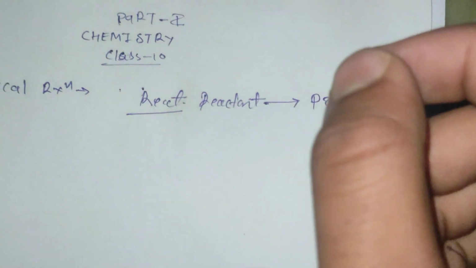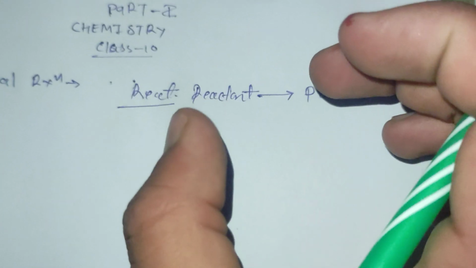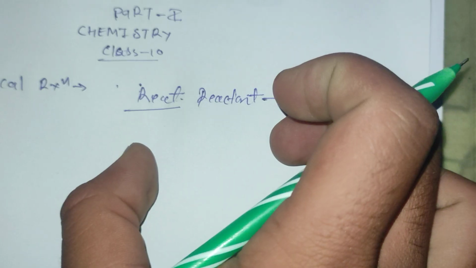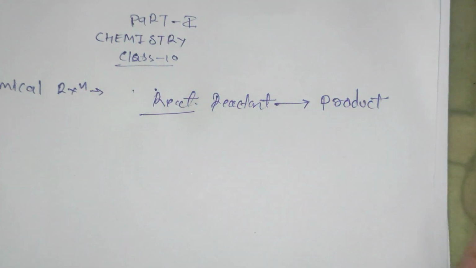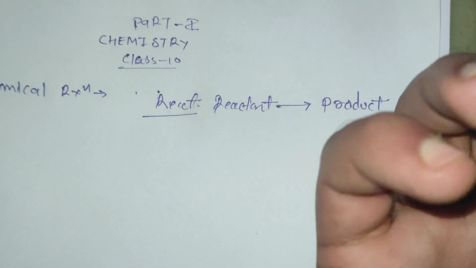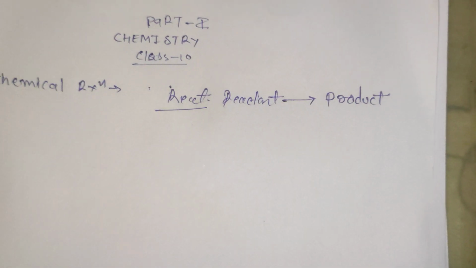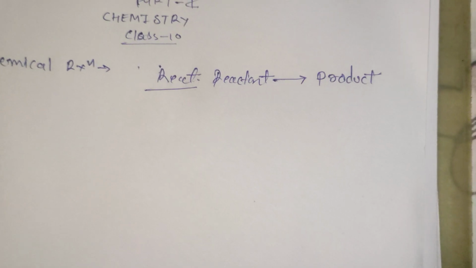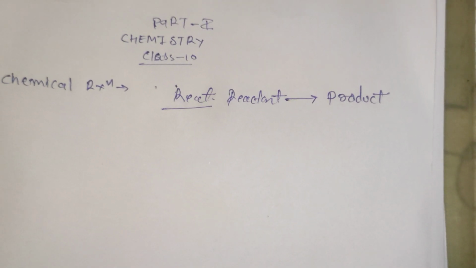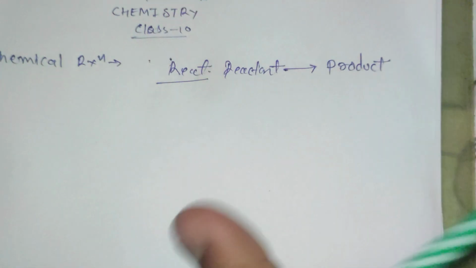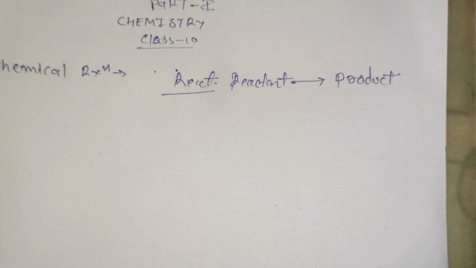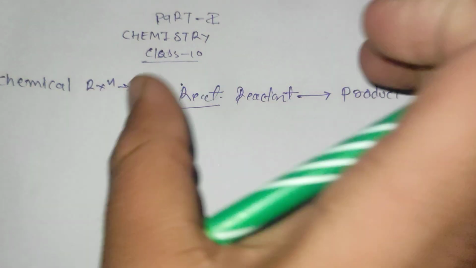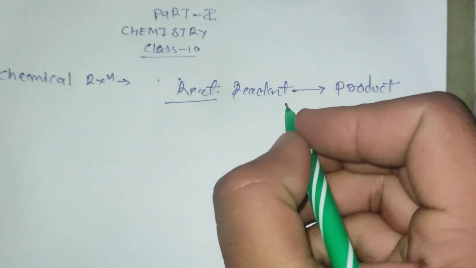For example, the reactants can be milk, water, or anything else involved in the reaction, and after the reaction they become the product. Its properties change, as I explained previously. So this study of change in states is known through chemical reactions.